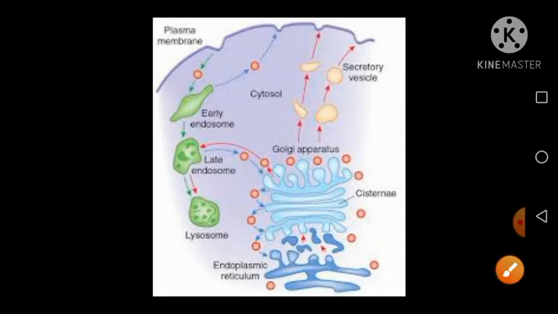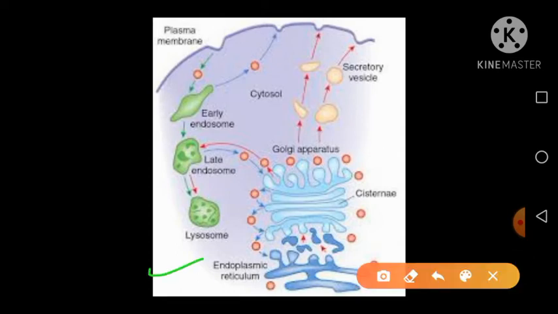See here, this one is the endoplasmic reticulum. On the endoplasmic reticulum, proteins are synthesized, and we know that proteins are present everywhere. Proteins are present in the lysosomes, they are present in a mitochondria. But remember, all these proteins are synthesized on the endoplasmic reticulum, and they go to the respective locations.